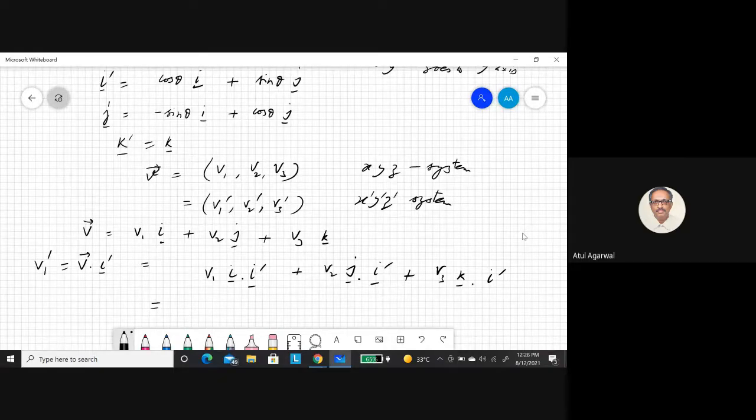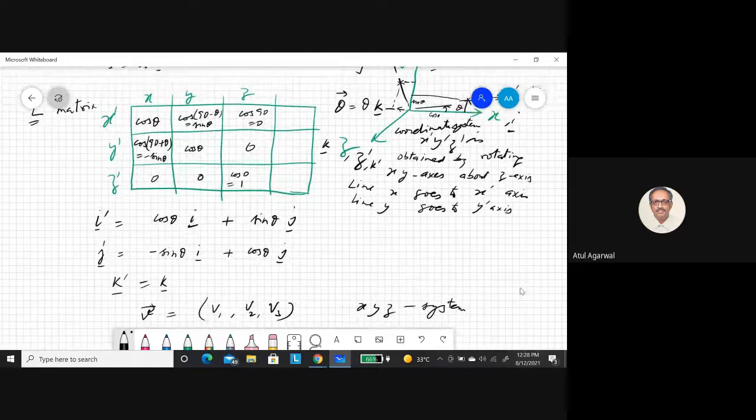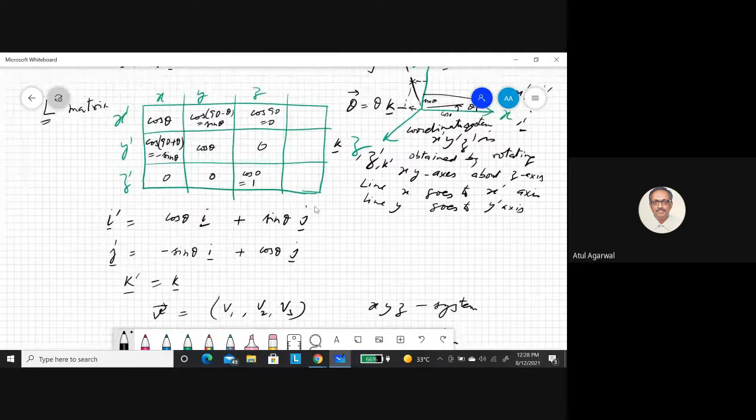What is i dot i prime? The angle between x and x prime gives cos theta. So this is i dot i prime.